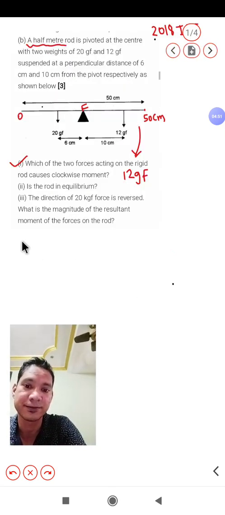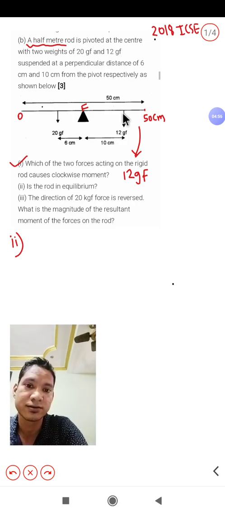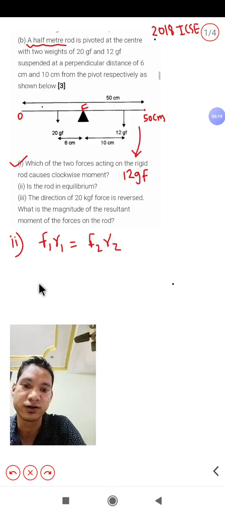Let's verify the second part. Anti-clockwise moment is F1 into r1, and clockwise moment is F2 into r2. What is F1 here? 20 gf multiplied by its distance, that is 6 centimeter.